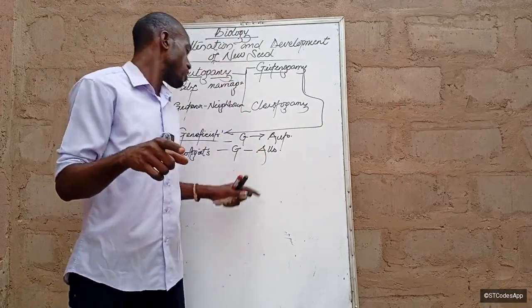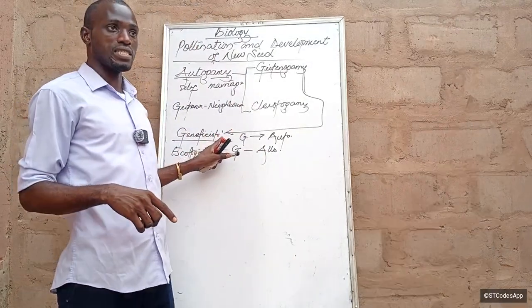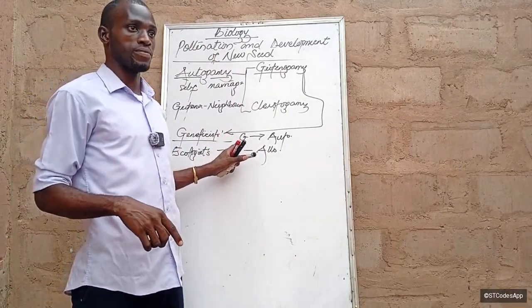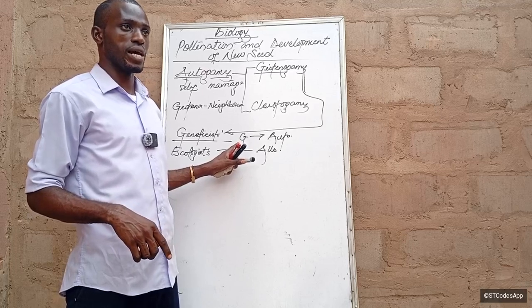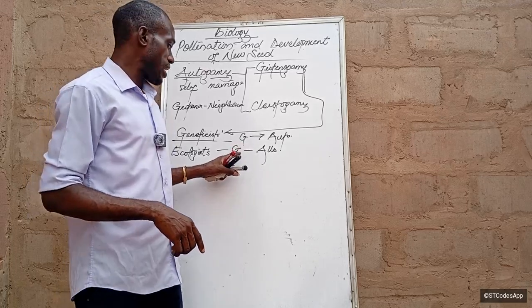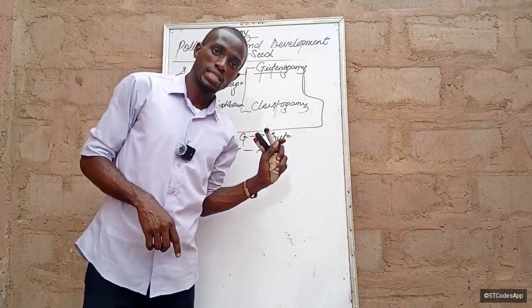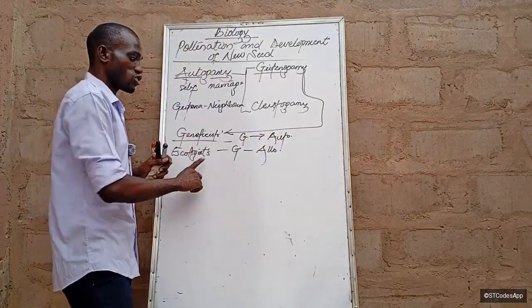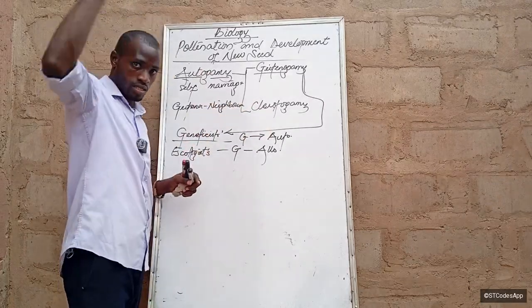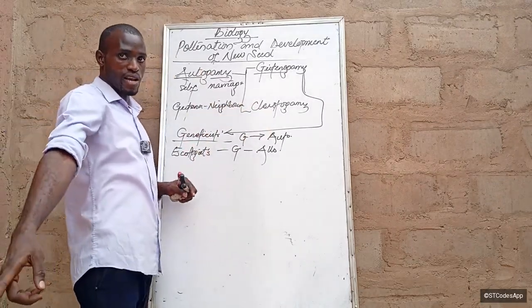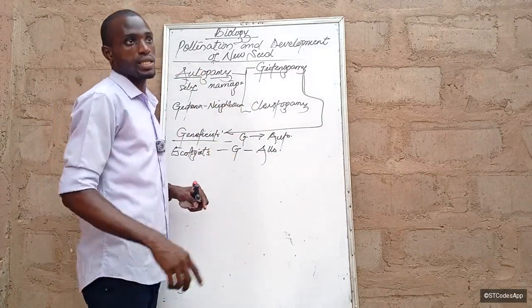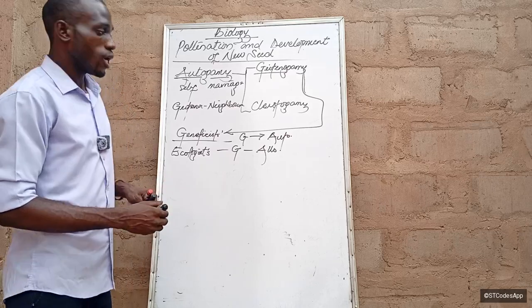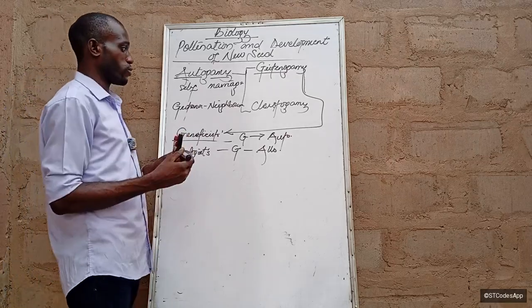So because of that, the method is called autogamy. But to an ecologist, since there is a change in the environment of the pollen grain to another flower, it is allogamy. All right, so just take note of those.